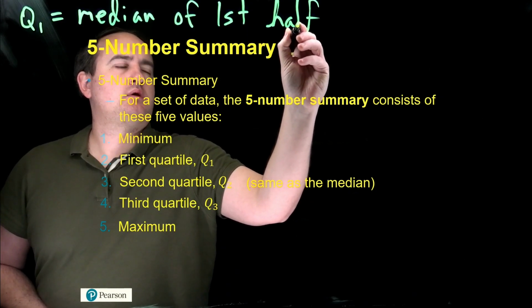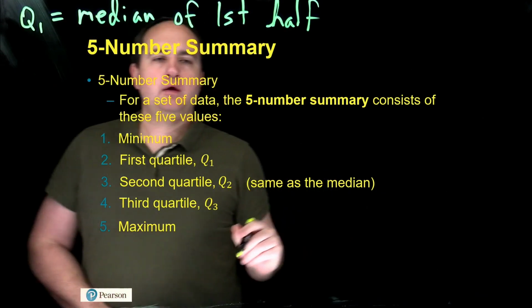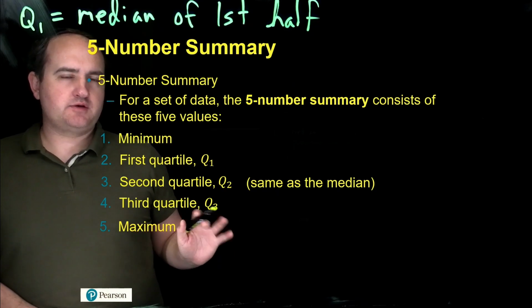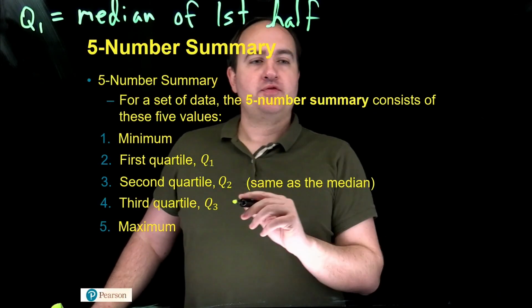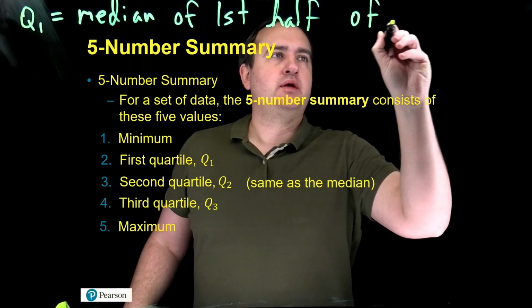And then Q3, the third quartile, is actually going to be the median of the second half of the data values.